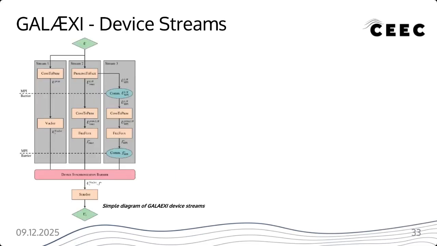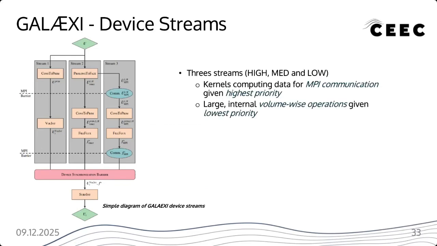Just to mention how we use streams, I've covered this a couple times now. Basically, what we do in GALÆXI is we have 3 streams with 3 increasing levels of priority. We put our MPI communication on the highest priority stream. Basically, any operations that work on elements that are on MPI boundaries get done first, so that data is ready.